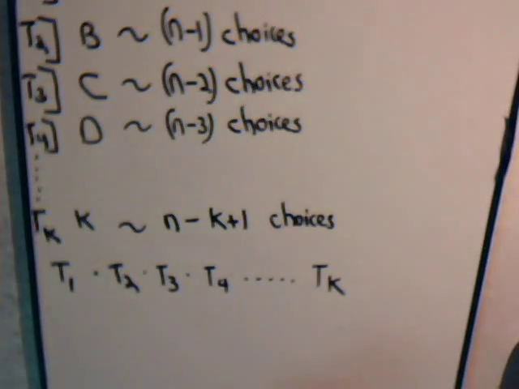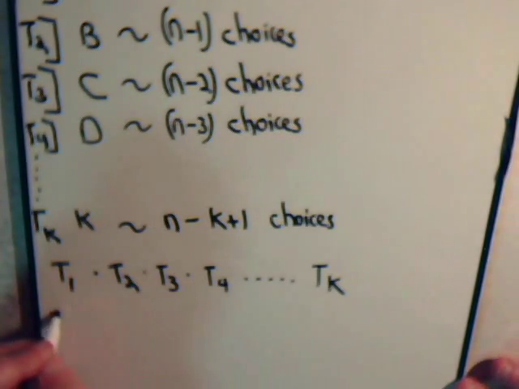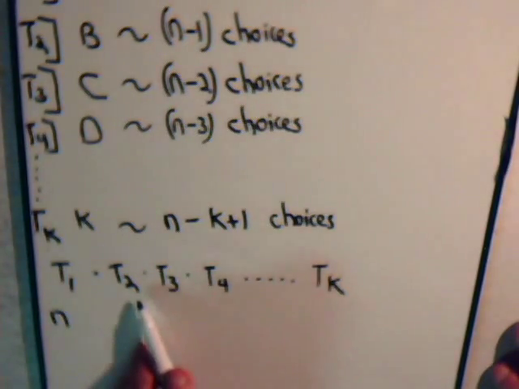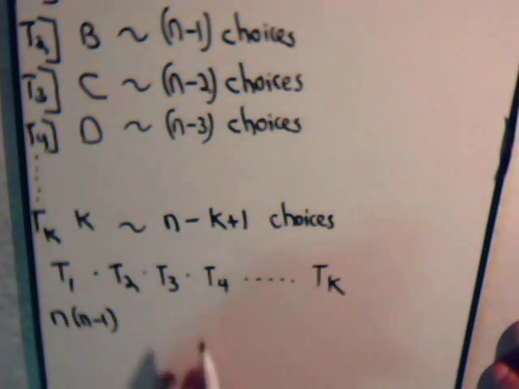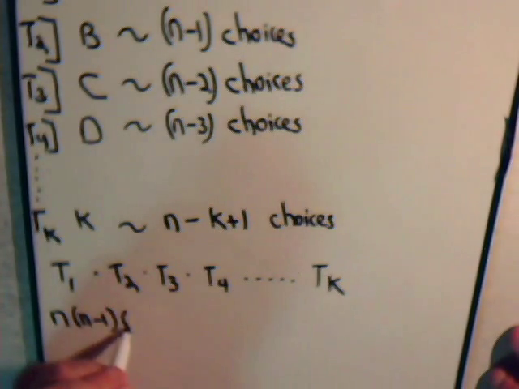The number of ways of performing task 1 is n. The number of ways of performing task 2 is n minus 1. This was n minus 2.